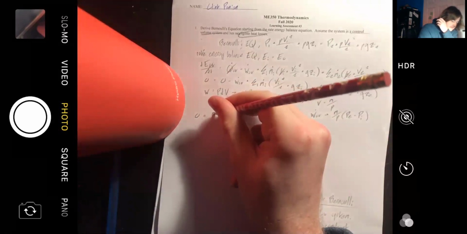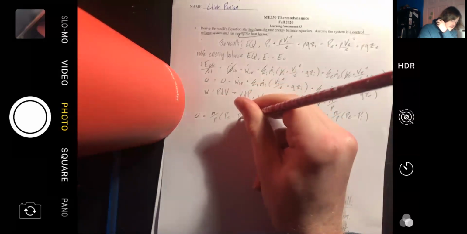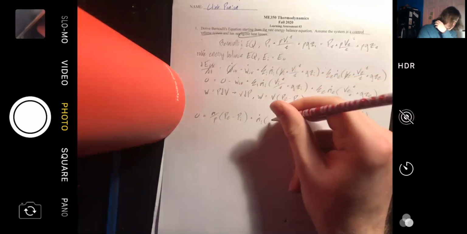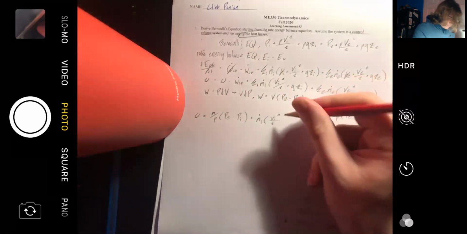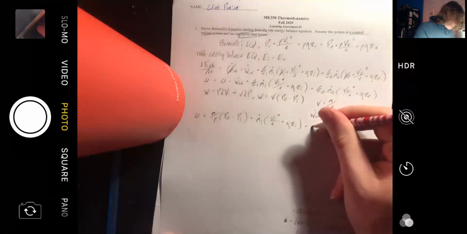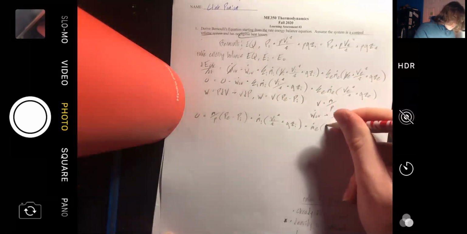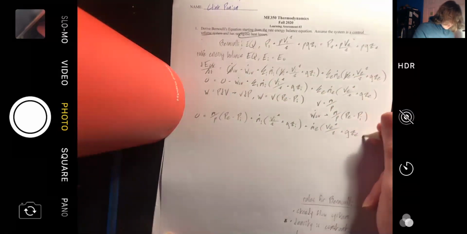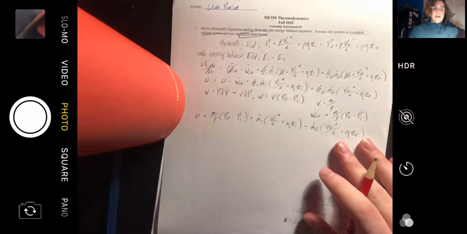All right, so now we're going to rewrite everything again. We have mass over rho times P exit minus P inlet, plus mass flow rate times V inlet squared over 2 plus g Z inlet. All right, so we have pressure here.